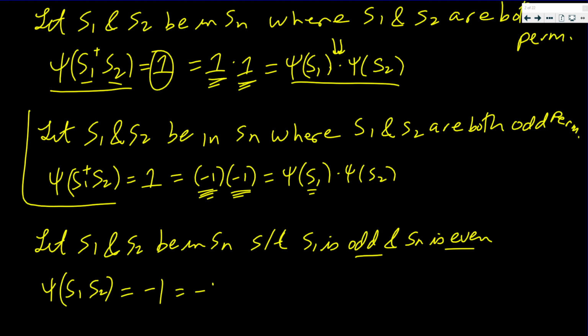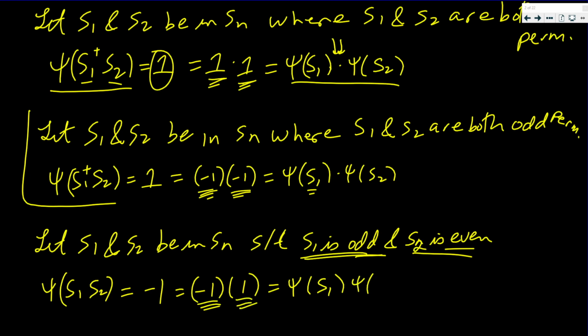But negative 1 is the same as negative 1 times 1. And this is phi of S1, because S1 is odd, and since S2 is even, this 1 is phi of S2.